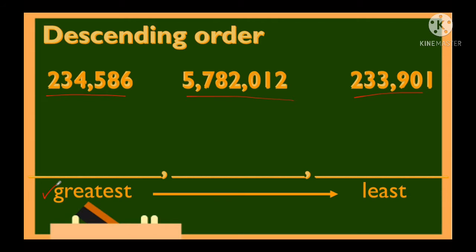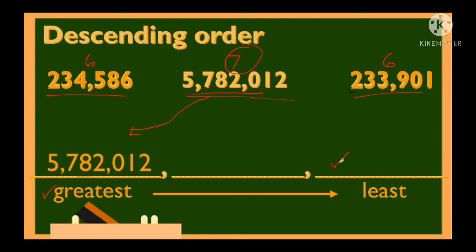We need to count their digits. Here we have 6. Here we have 7. Here we have 6. Since we have only one 7-digit number, that means this number will be our greatest, the 5,782,012.